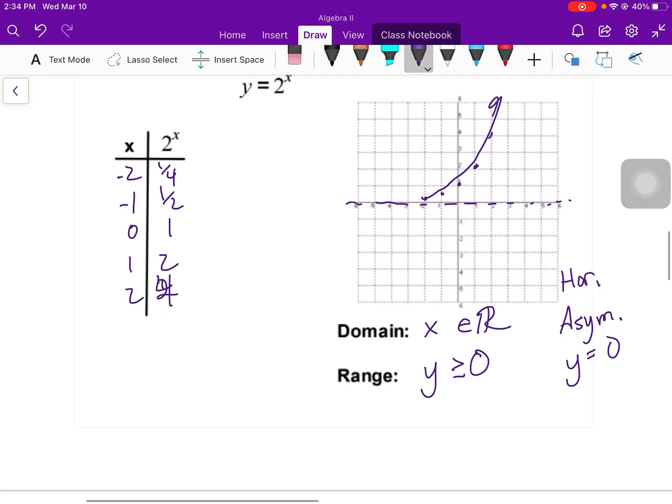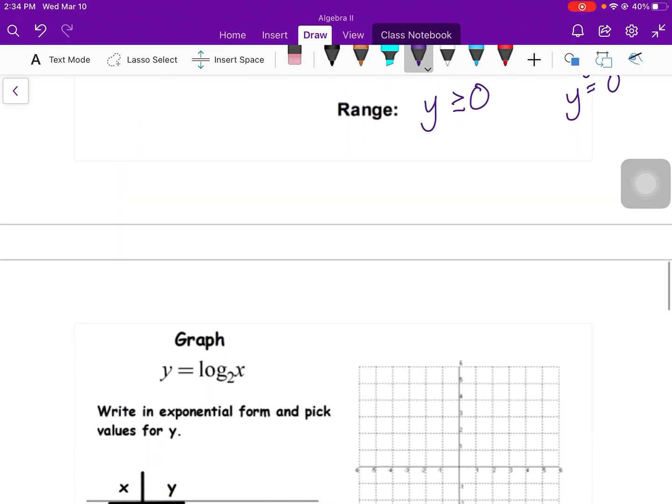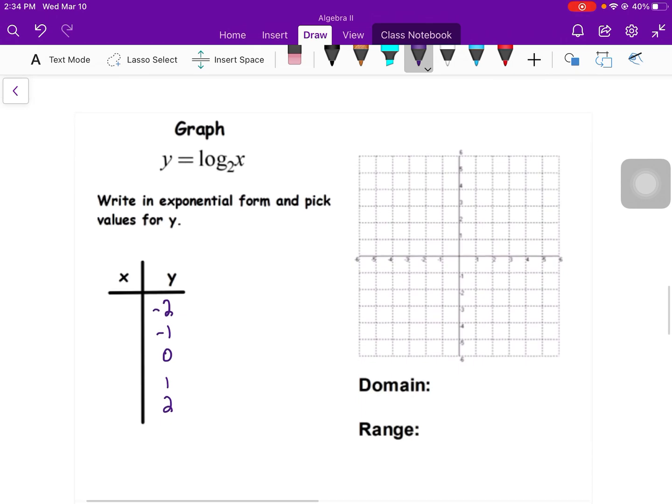All my y values, the 1/4, 1/2, 1, 2, and 4, are going to become my x values. So now I'll go over a little bit and go down 2. Go over a half, down 1. 1, 0. Go over 2, up 1. Go over 4, up 2.